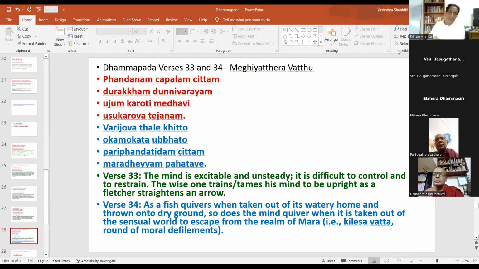Usukarova tejana, the simile given here is the ironsmith, or the person who makes bows and arrows. The fletcher straightens an arrow. A fletcher, an ironsmith, makes the arrow straight.